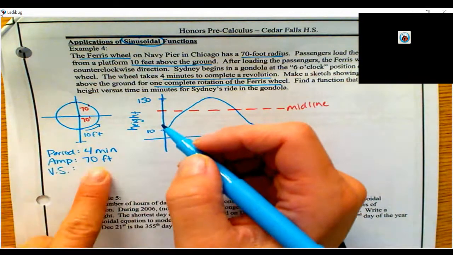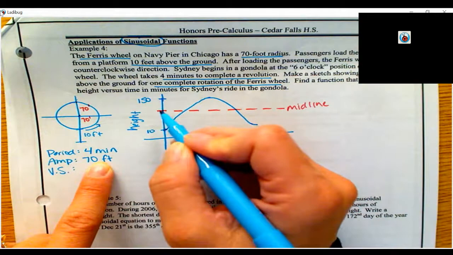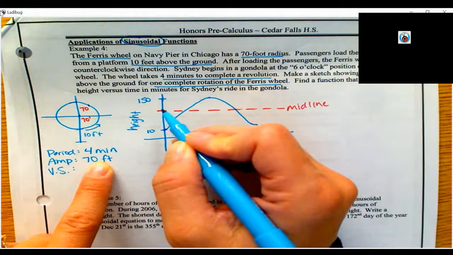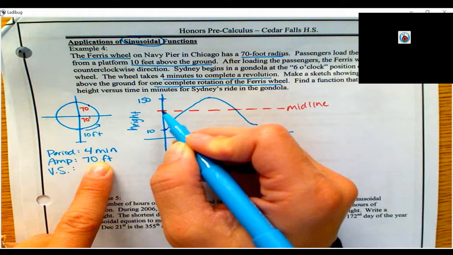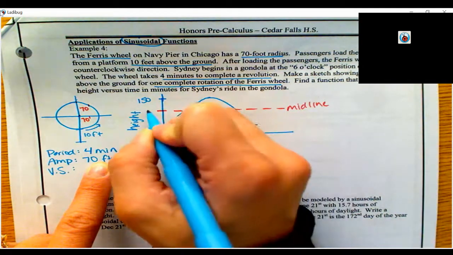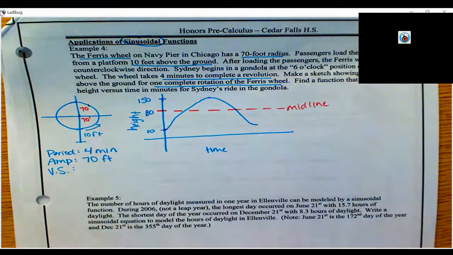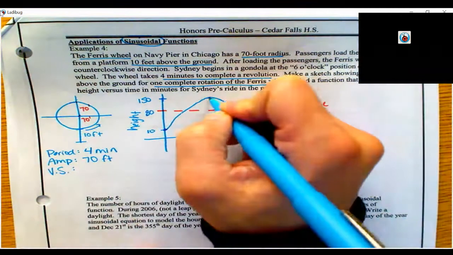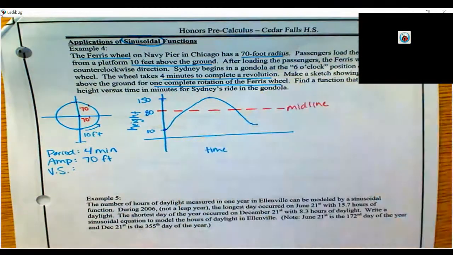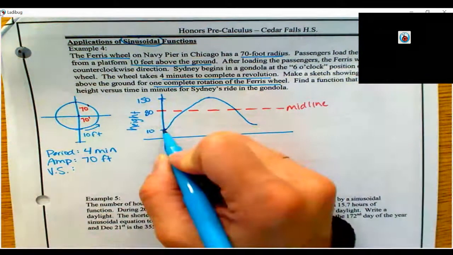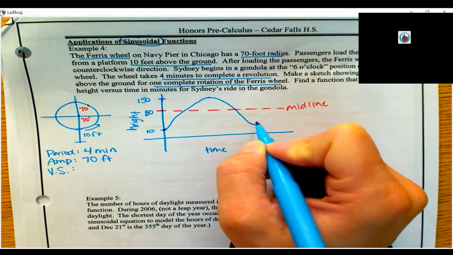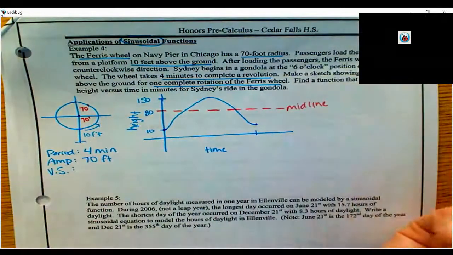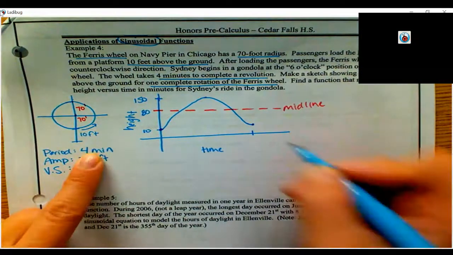So your amplitude, that's why that's 70, but you got to figure out what this value is. So if you're at 10 and you have to go up 70, where does this put you at? 80. So your midline is at 80 feet. Because your distance from here to here has to be 70, and your distance from here to here has to be 70. How long did it take me to go from my 10 feet back down to 10 feet? How much time did that take? 4 minutes, so that's 4.